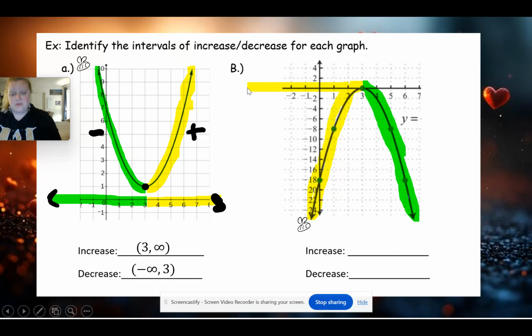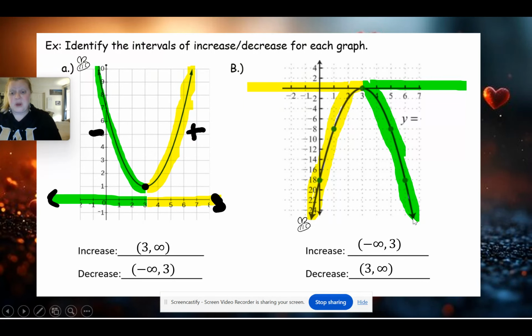So he starts from the left and he keeps increasing until 3. So my journey starts as an interval of increase, negative infinity or left until 3. And then from 3 and on, he flies downhill forever. So that would mean 3 to positive infinity.